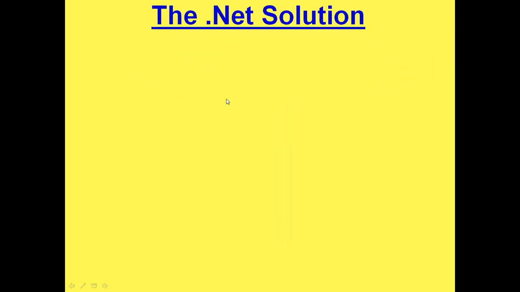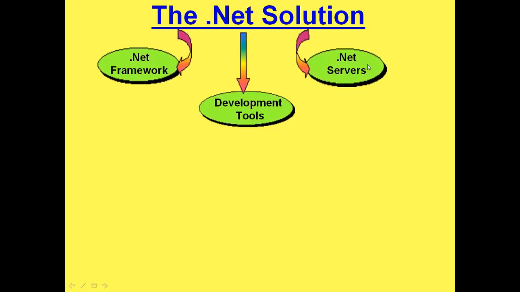So Microsoft provided you the solution in the form of .NET. We have the .NET framework. Now, what does this .NET solution comprise? The .NET framework, development tools, and .NET servers. In the .NET framework, we have the CLR, Common Language Runtime, and base classes.